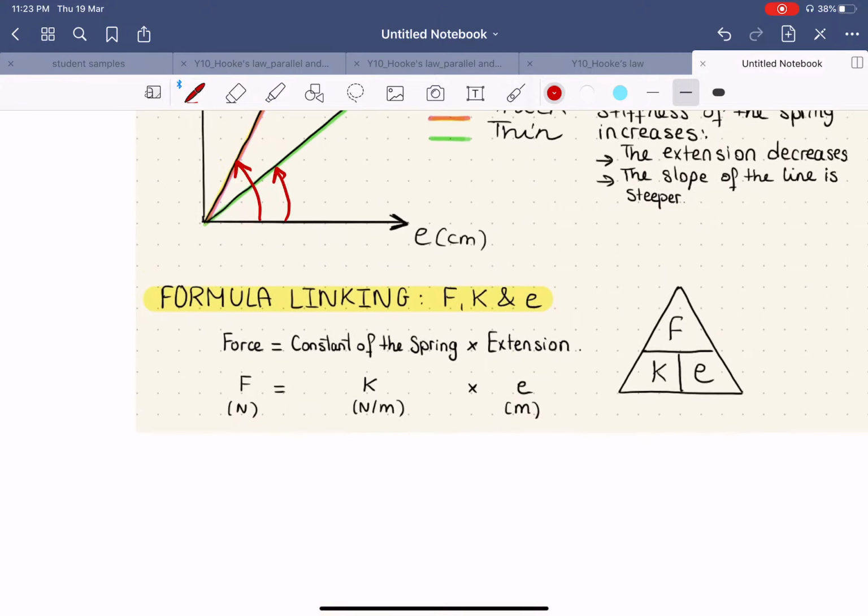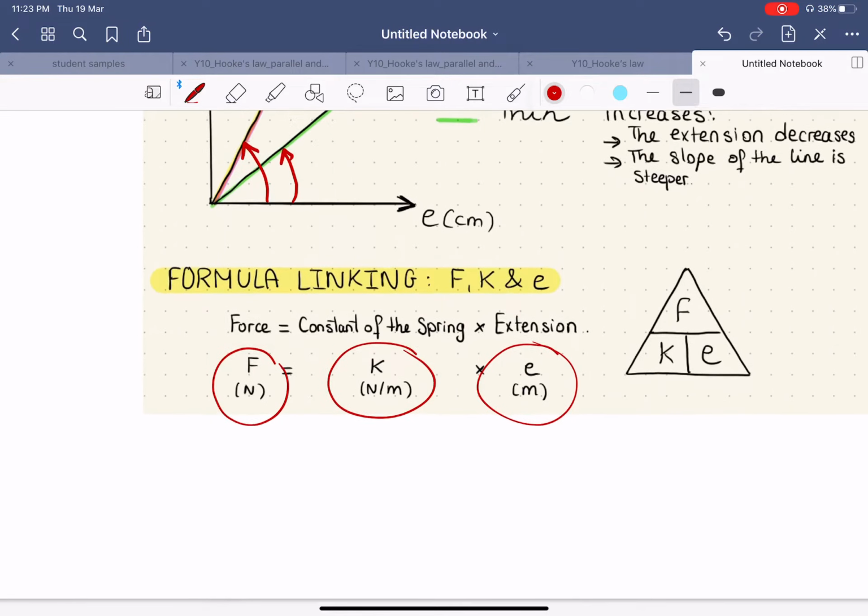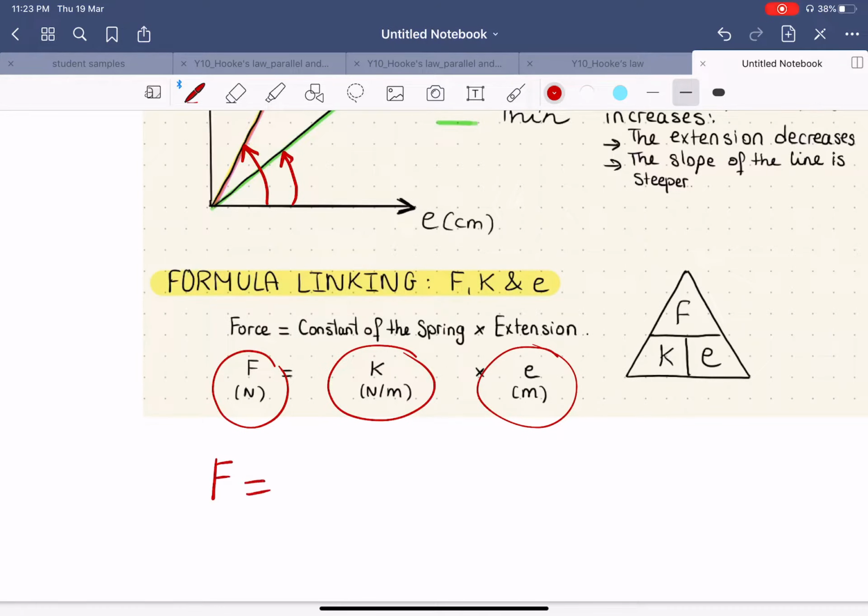Okay? And then this is the last thing that we took, that was the formula linking force, constant of the spring, and the extension together. If I want to rearrange the formula, first thing, it shows that force and extension are directly proportional. Rearranging the formula, we say K is the force divided by the extension.